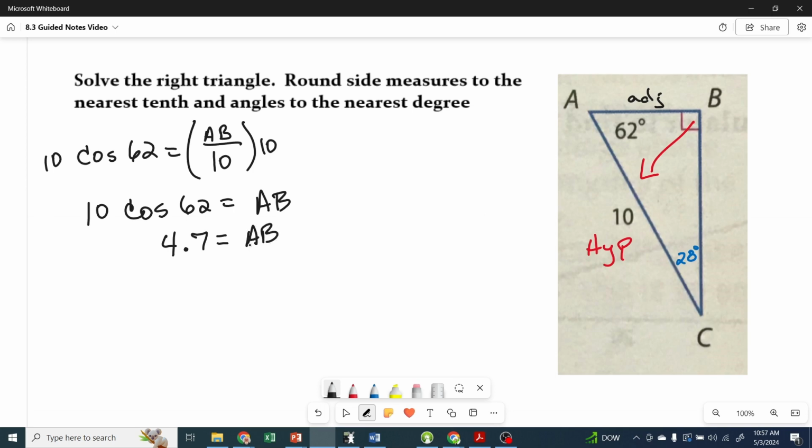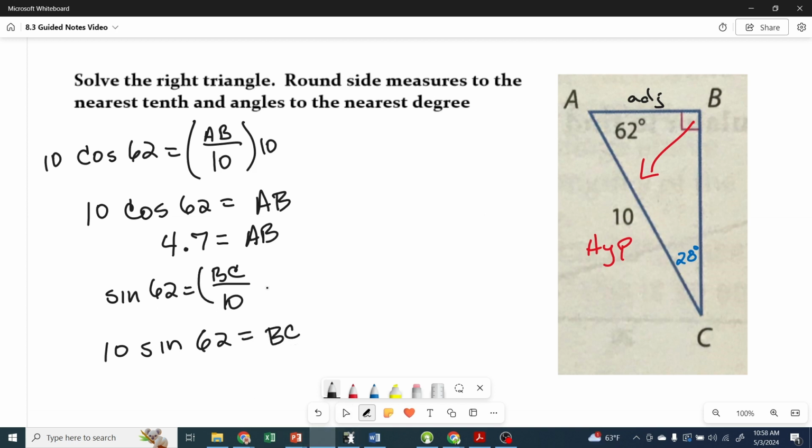Now we can do the same. We can use the sine of 62 to solve for BC. Or you can use Pythagorean theorem. I'm going to use the sine of 62. So sine of 62 is equal to BC divided by 10. So 10 times the sine of 62 equals BC.